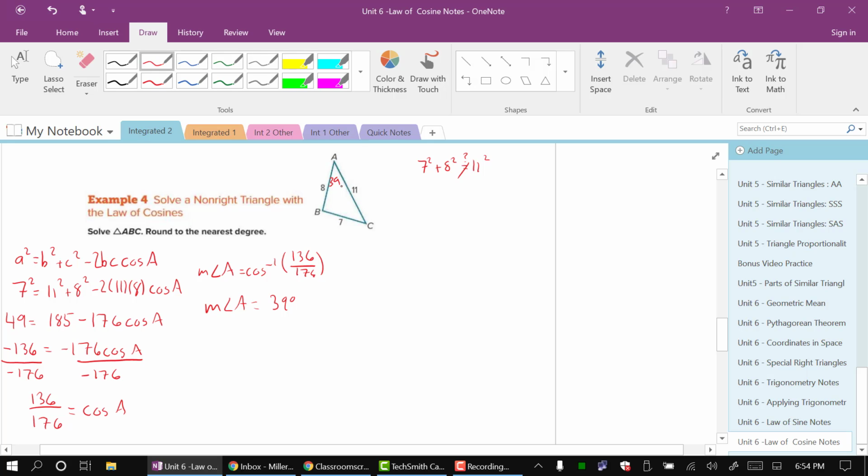Now to figure out the measure of angle B, I'm going to have to use what we've done previously. So I'm going to use the law of sine. And the law of sine says that sine A over a equals sine B over b. Not big B, little b.